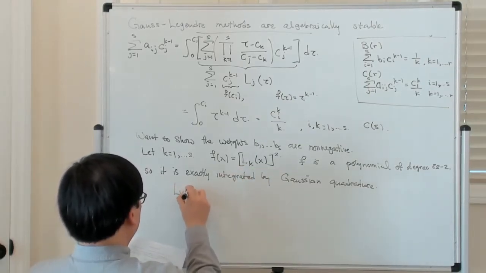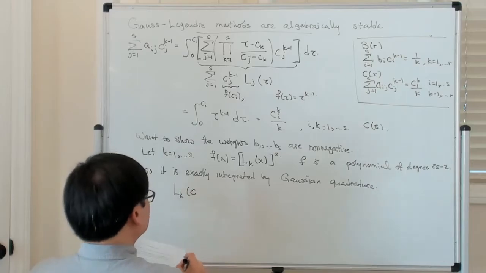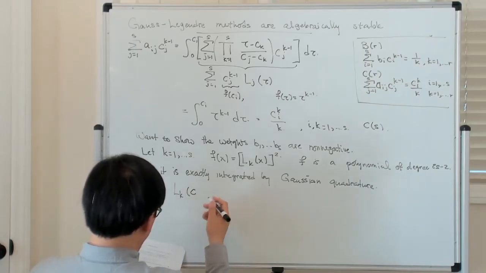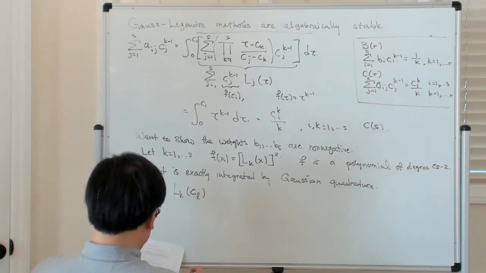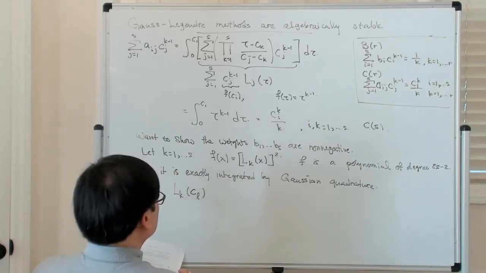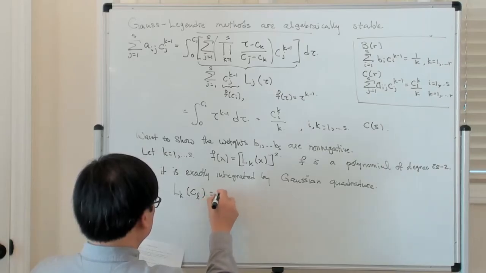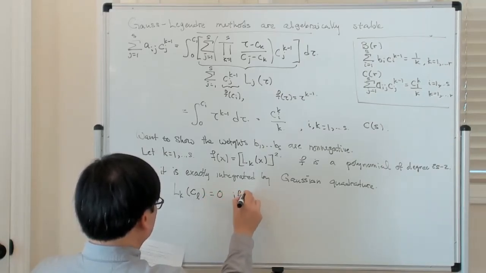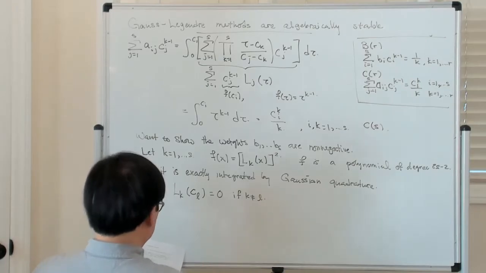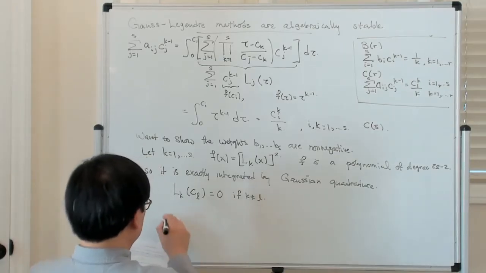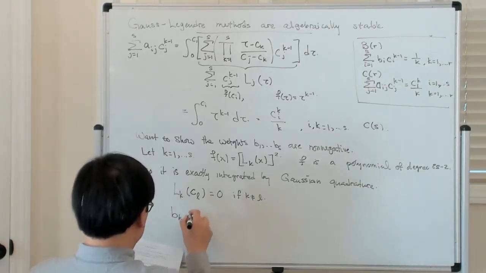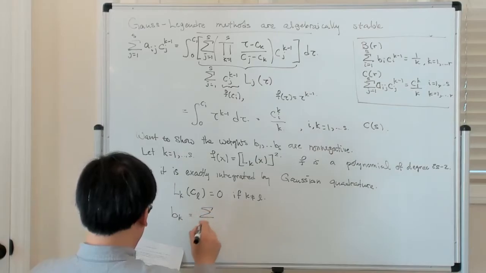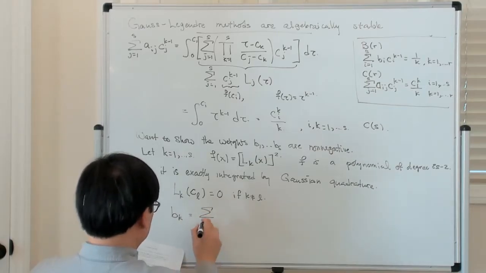So L_k(c_l) is equal to 0 if k is not equal to l.